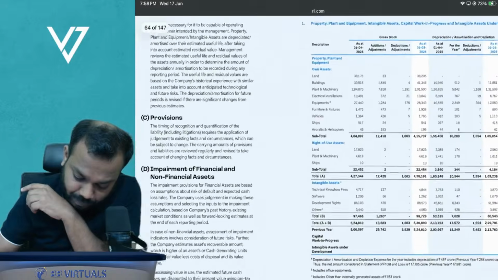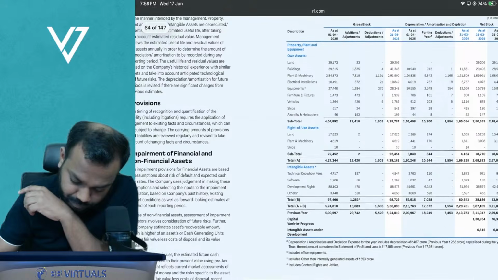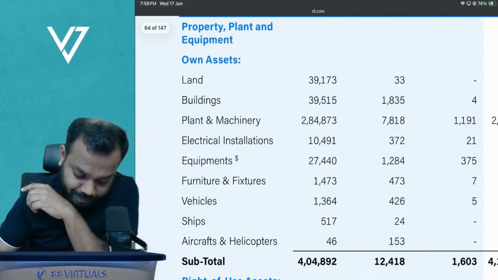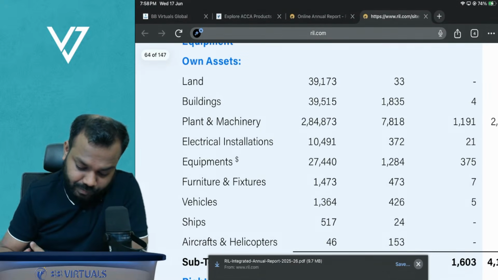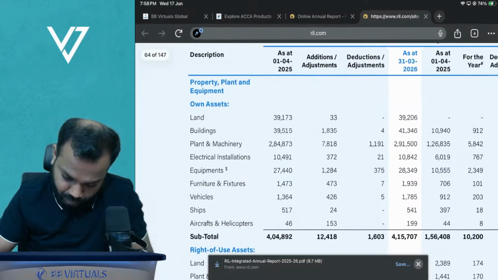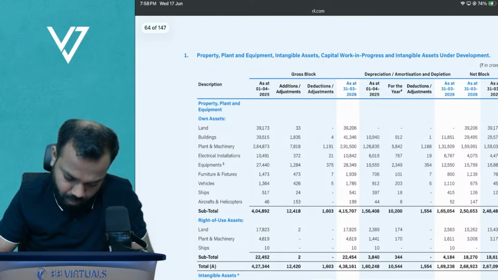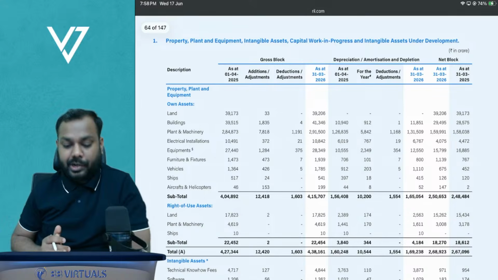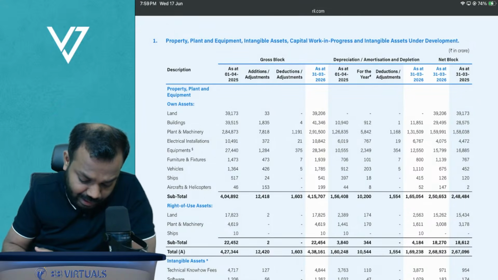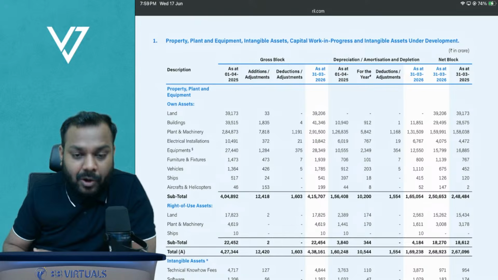See here, the class of assets. This is called a class of asset: land, building, plant and machinery, electrical installations, equipments, furniture, fixtures, vehicles, ships, aircrafts and helicopters.